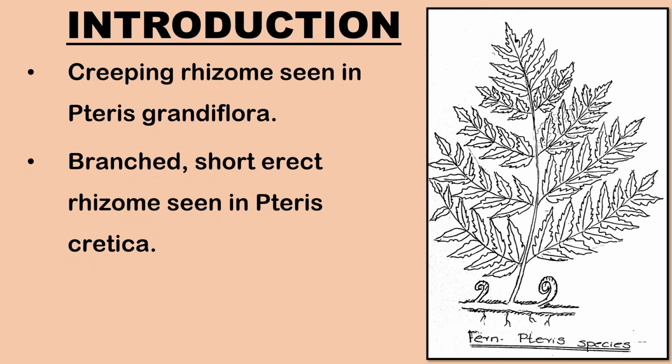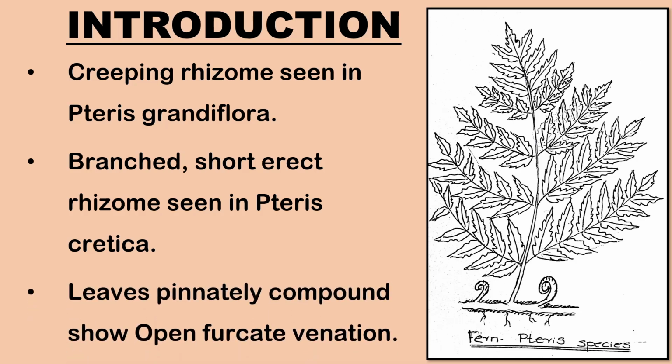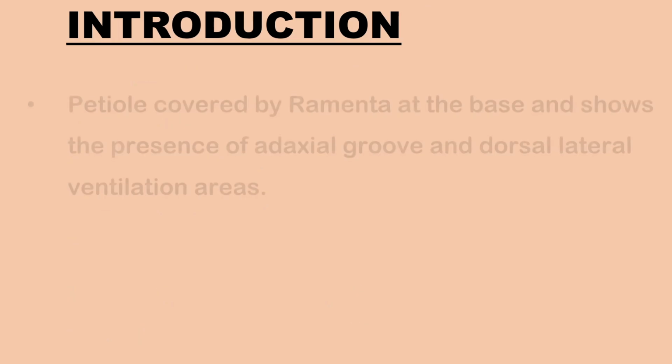Pteris cretica. Leaves are usually pinnately compound, macrophyllous, arising in acropetal pattern on the rhizome, and circinate. The leaves or fronds show open furcate venation in which the veins branch out in a forked manner and do not form a network.